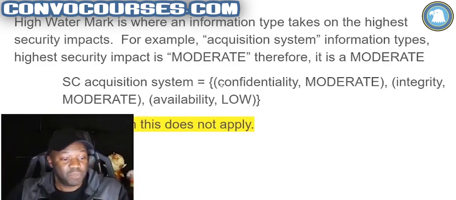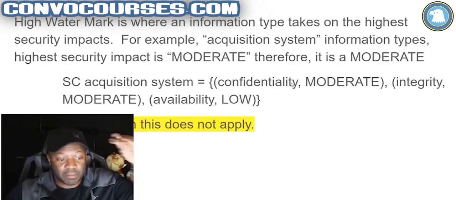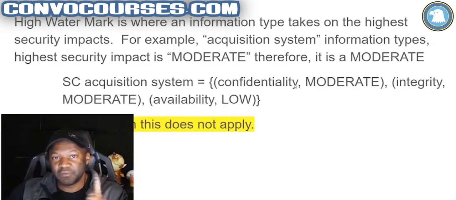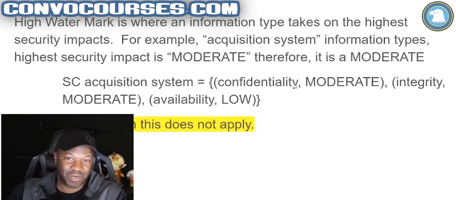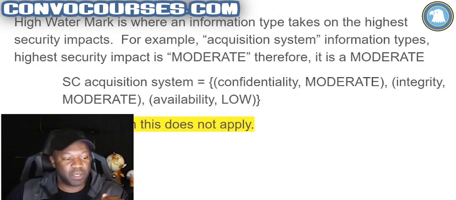So with that said, this acquisition systems data type would then be a moderate, because the highest level was a moderate. Not so much for a national security system. That's where it differs. For a national security system, each one of the security objectives remains exactly how it is.